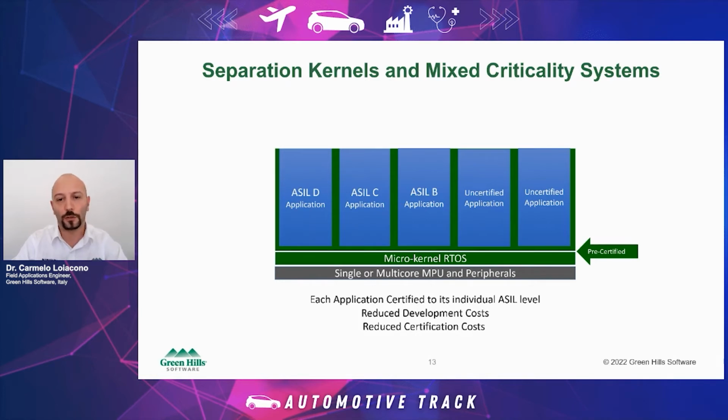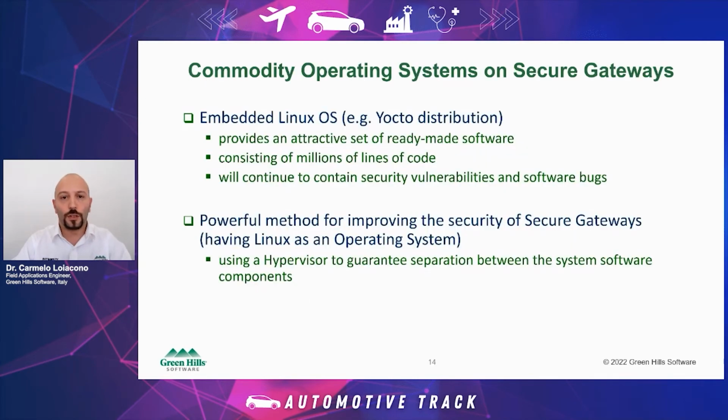So if we would like to add a new feature, we can do that without impacting the certification, because the separation is guaranteed. We also need to consider that on the secure gateway, commodity operating systems have been used for a while, especially Linux, which is used in this gateway running natively.